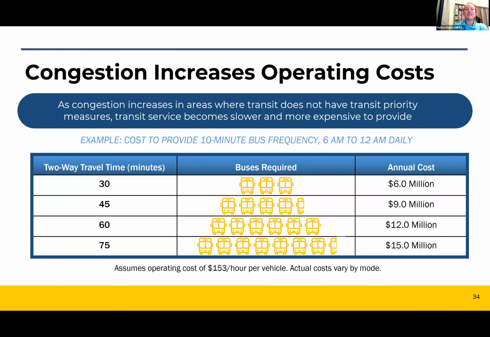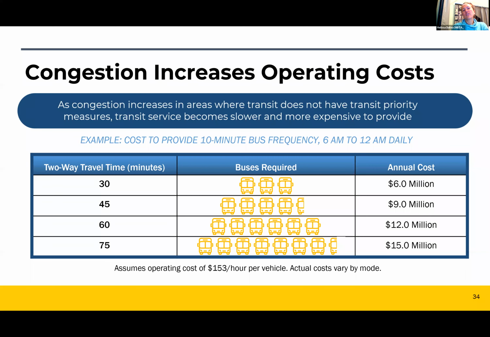This slide is showing the impact of what congestion costs the network, as a simple illustration. For example, imagine you had one bus route with every 10-minute service, very similar to one of our existing key bus routes.